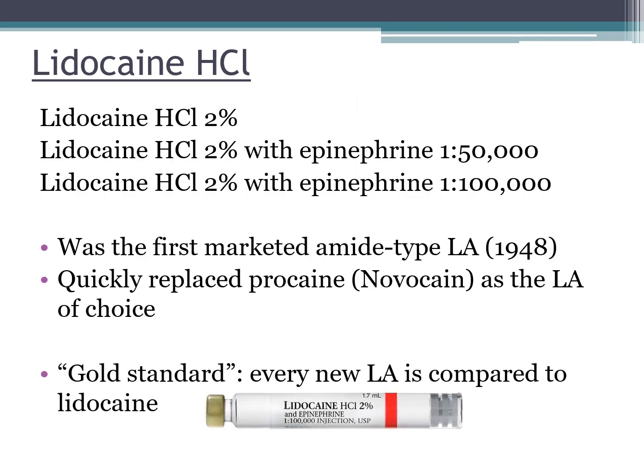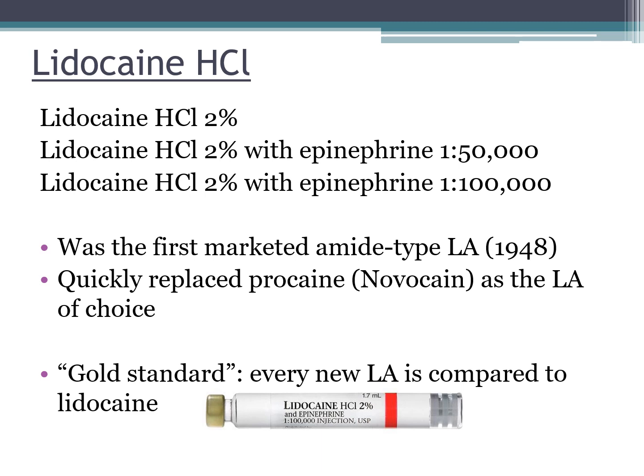Let's talk about lidocaine HCl. Lidocaine HCl 2% is not available in Canada. So you will find lidocaine HCl 2%, usually with epinephrine of 1 in 50,000, or lidocaine HCl 2% with epinephrine 1 in 100,000.